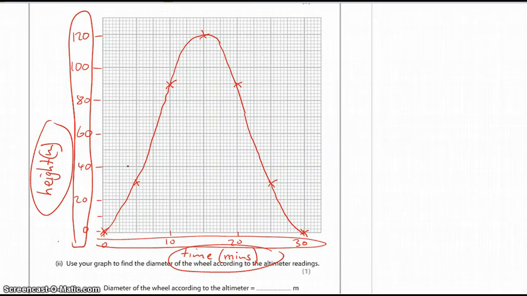You get 2 marks for plotting correctly. If you make a mistake, if you're half a square out, then you lose 1 mark for every error you make. And then you need a nice smooth line of best fit through your data, much smoother than the one I've drawn.